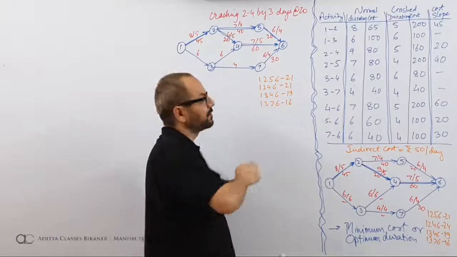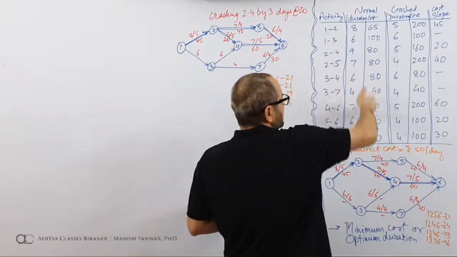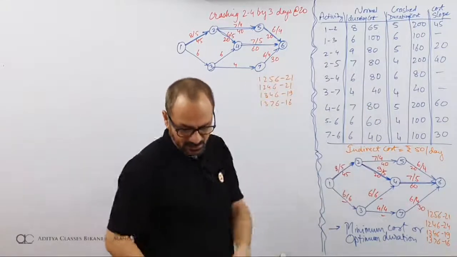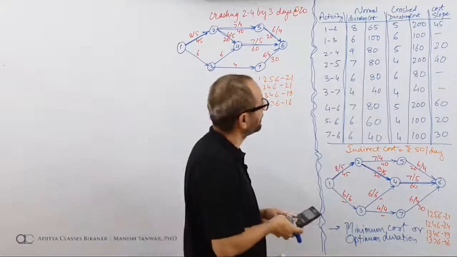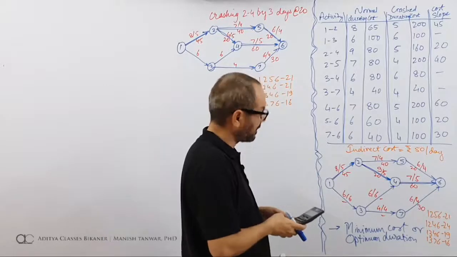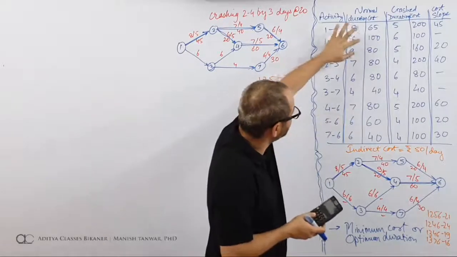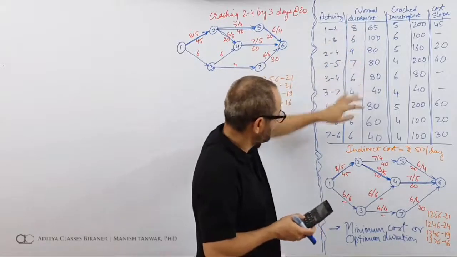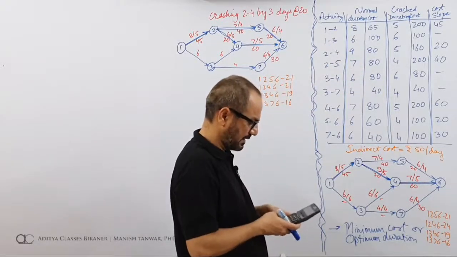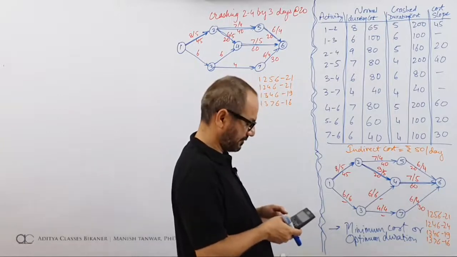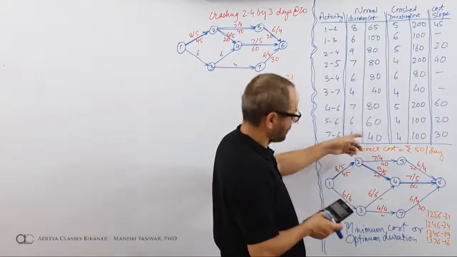What is the total cost? Total cost would be all this direct cost plus indirect cost. So what is the direct cost? We can add it. Direct cost would be 165 plus 240 plus 180 plus 40. It is 625. Let us check. We had a 40.